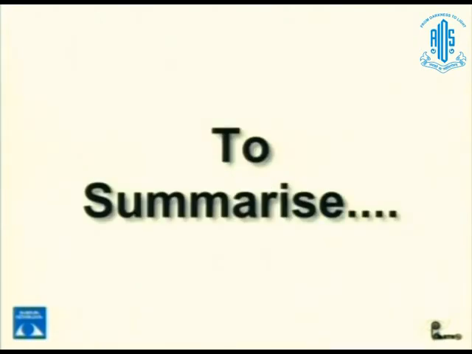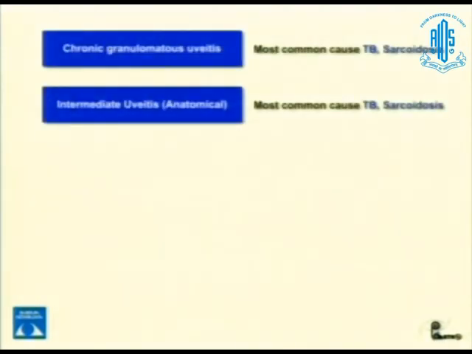Now, if we summarize this case, we see chronic granulomatous uveitis, with anatomical location intermediate uveitis. The most common causes in India are TB and sarcoidosis. History of chronic cough can be there in TB and sarcoidosis also. The tightness of the chest goes more in favor of sarcoidosis.